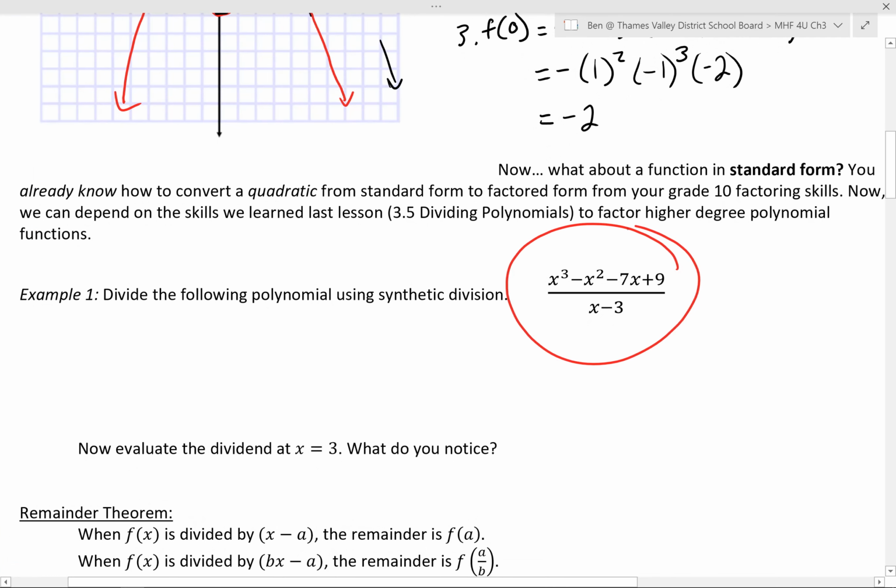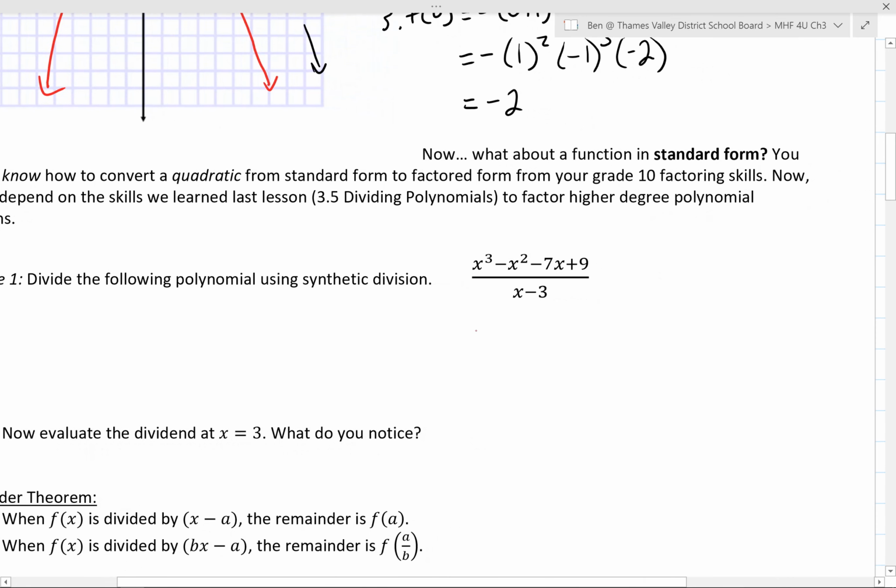This one, we're not even defining it as a function yet, but we're going to divide our numerator by our denominator, our dividend by our divisor, using our synthetic division. You should pretty much be a master of this by now, so I'm just going to do it really quickly here. We'll see if I can do it while I chat without making any mistakes.